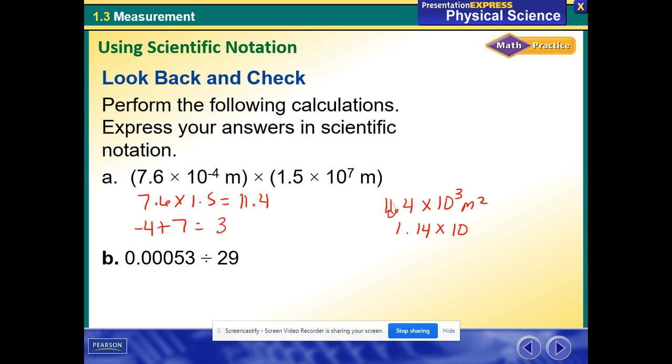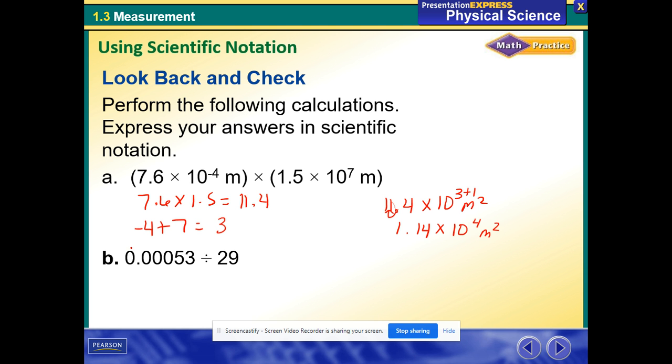Since I had to move my decimal to the left, that means that I need to add 1. So this is going to be times 10 to the 4th. Okay. Yep, so we're good. Don't forget my unit, meters squared.